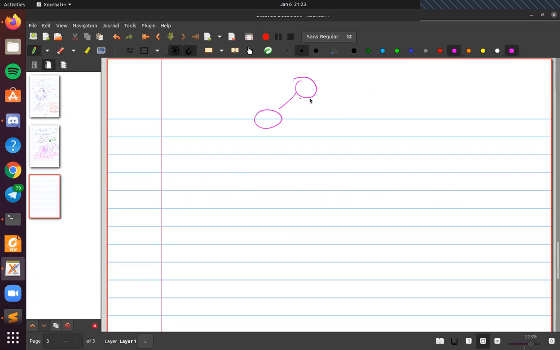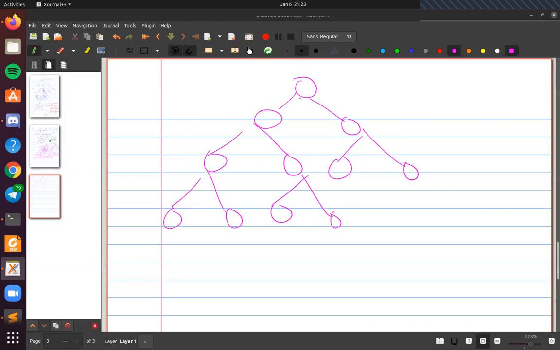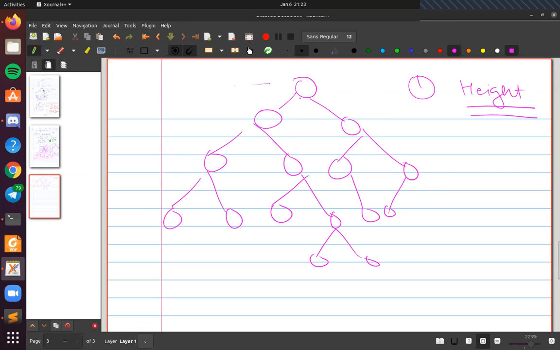So now I have a tree. This is the centroid decomposition of a tree. So this is called a centroid tree. Let it be this. So the first property is height. So consider this. Initially all my nodes were n nodes.